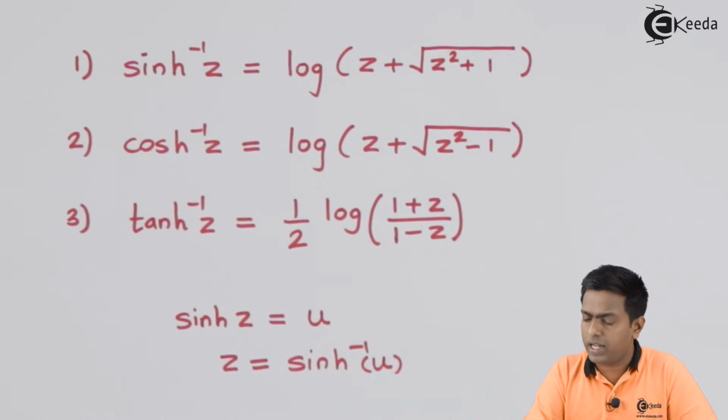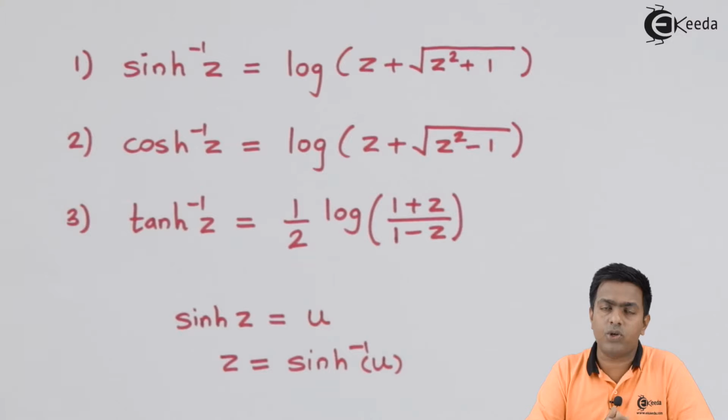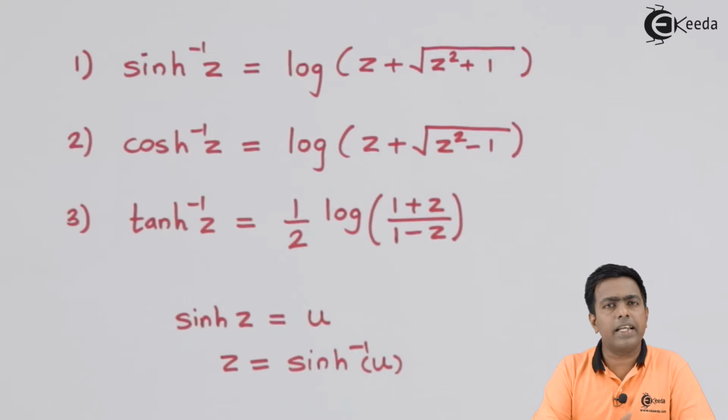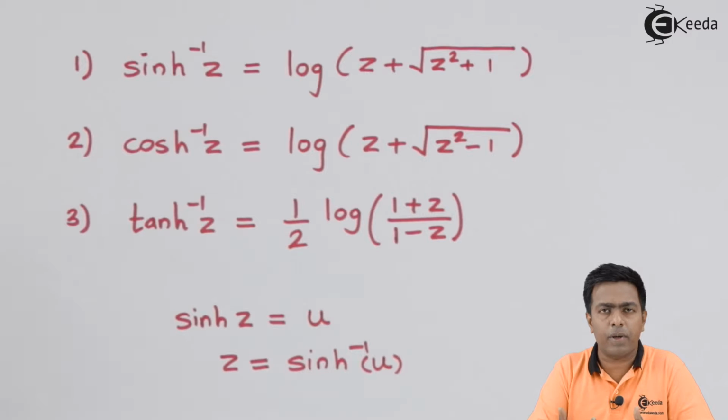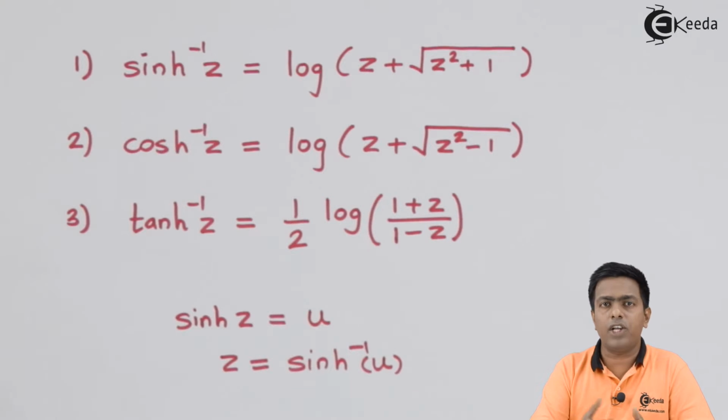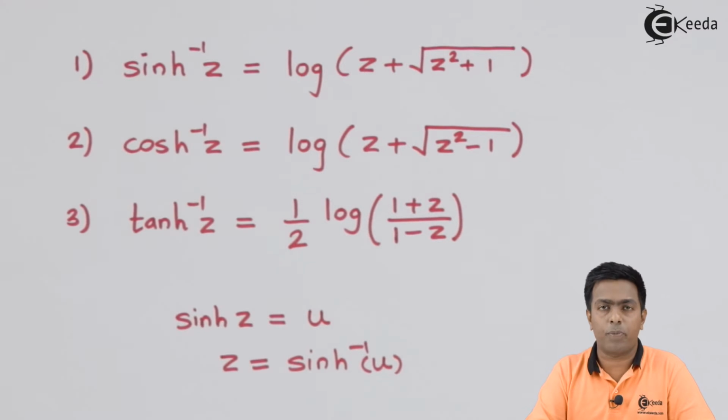From these three properties, we can also derive the properties for hyperbolic cosec inverse z, hyperbolic sec inverse z and hyperbolic cot inverse z. These are the three standard properties which we have to remember. But before that, I will tell you how we derive these properties. So let's start with the first one.